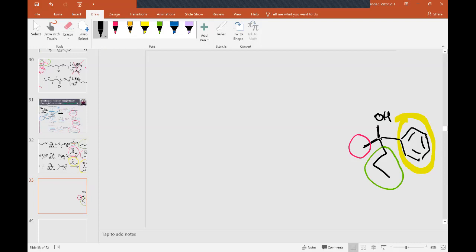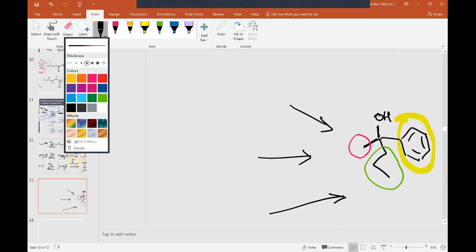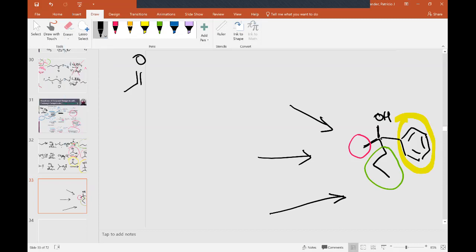So these will be my 3 different possibilities. One possibility would be that I can start with a ketone that will contain already the methyl group and the phenyl, right?